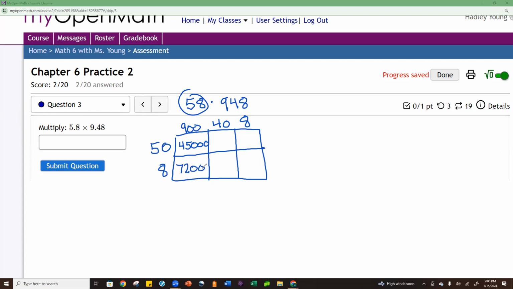Throw on 2 zeros. 4 times 5 is 20. We need those 2 zeros from here and here. 40 times 8. 4 times 8 is 32. Throw on a 0. 8 times 5 is 40. Throw on a 0. 8 times 8 is 64. So we need to add up those 6 numbers.